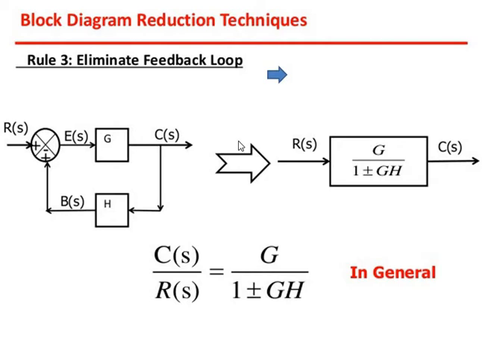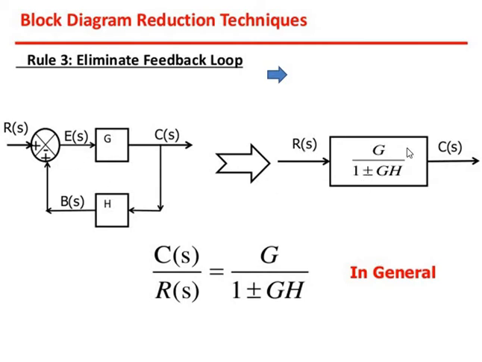So RS is input, CS is output, and the output is fed back to the block H. The input of the block H is CS and the output of the block H is BS. Here BS is compared with the input RS. At the output of the summing point we get one error signal ES. This error signal acts as the input of the block G, and the output of the block G is CS, which is also the input of the block H. So we can reduce this block in this manner.